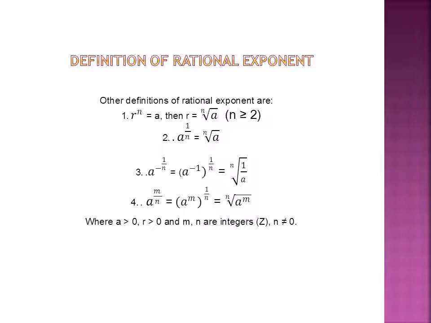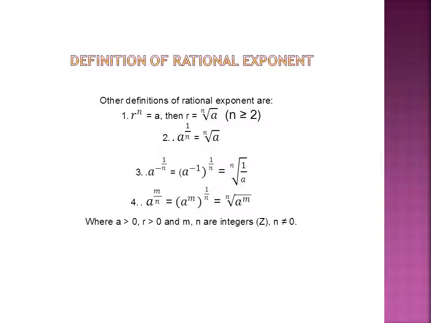Number 1, if r to the power n is equal to a, then r is equal to the nth root of a, where n is greater than or equal to 2. Number 2, if we have a to the power 1 divided by n, then it is equal to the nth root of a.